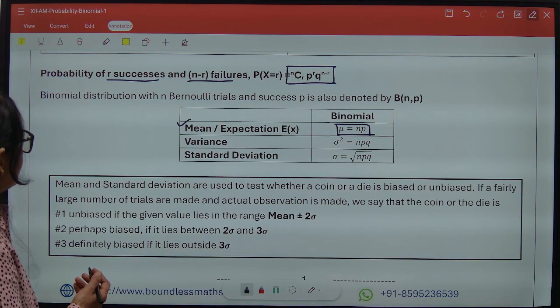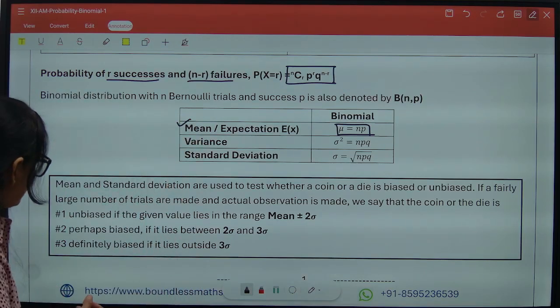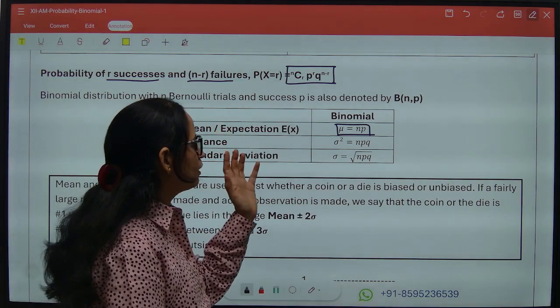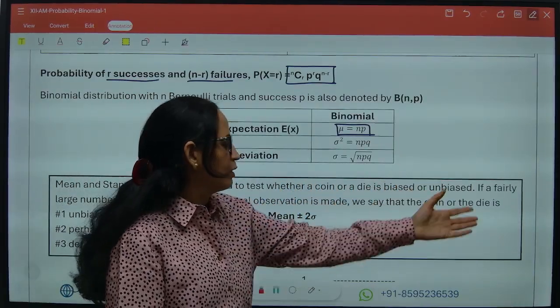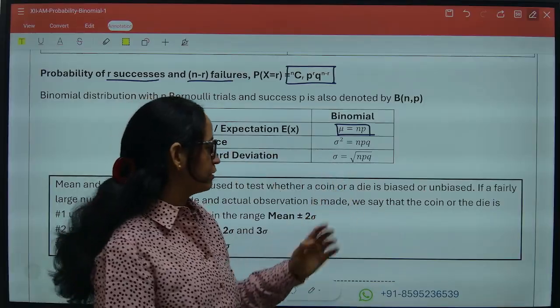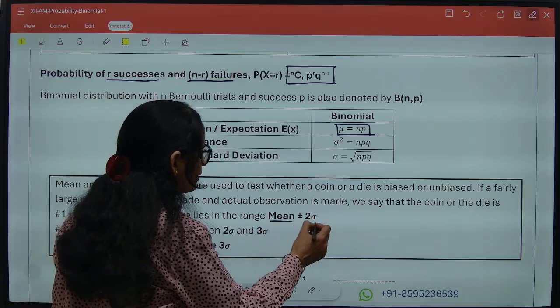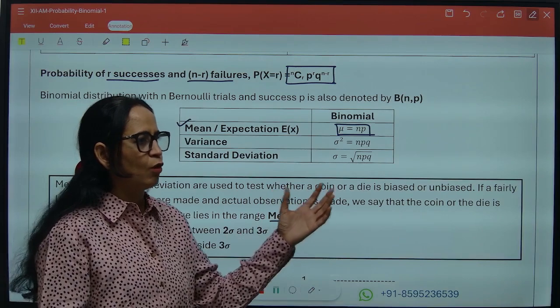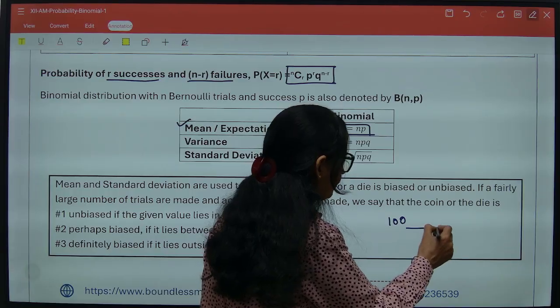When we calculate mean, variance and standard deviation, these are the three measurements that we do for any binomial experiment. Now after getting these values, how do you find whether the coin or the dice was biased or unbiased? There are certain questions like this also. So suppose you have a mean of 100 and standard deviation is 20.